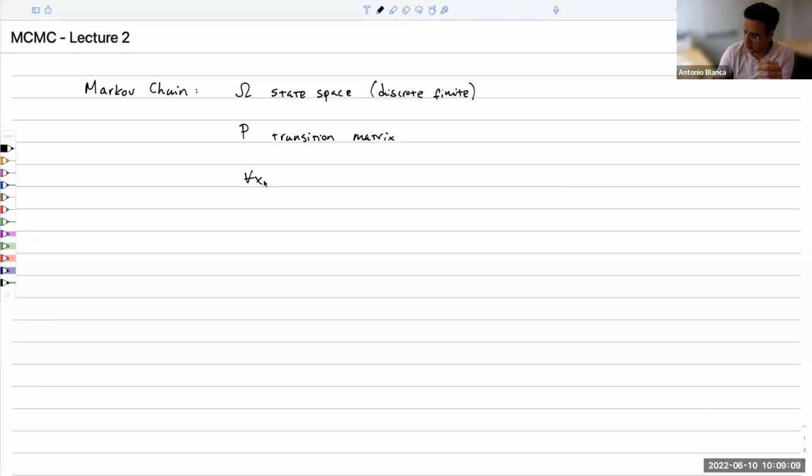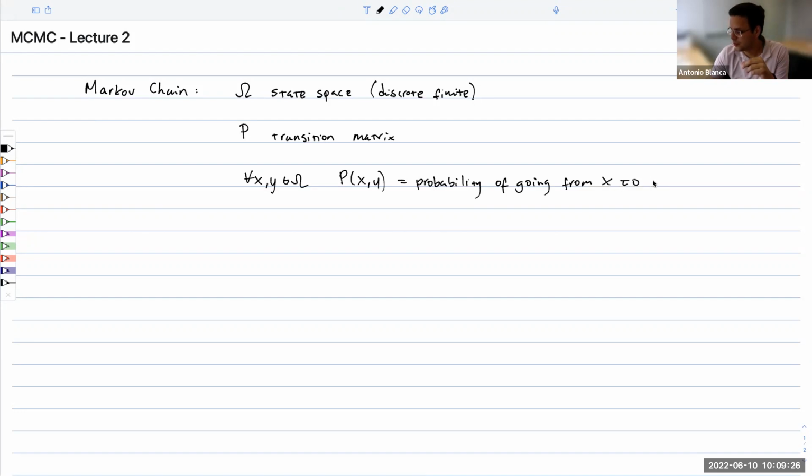So for every X and Y in omega, P of XY is the probability of going from X to Y. Of course this means that the dimensions of P are determined by the cardinality of the state space. So P is omega by omega. Okay, so this is a Markov chain. That was the first definition. We went through a few examples and so on.